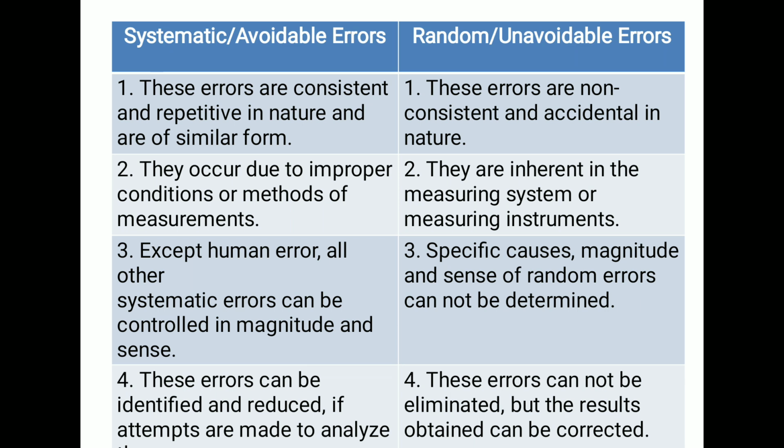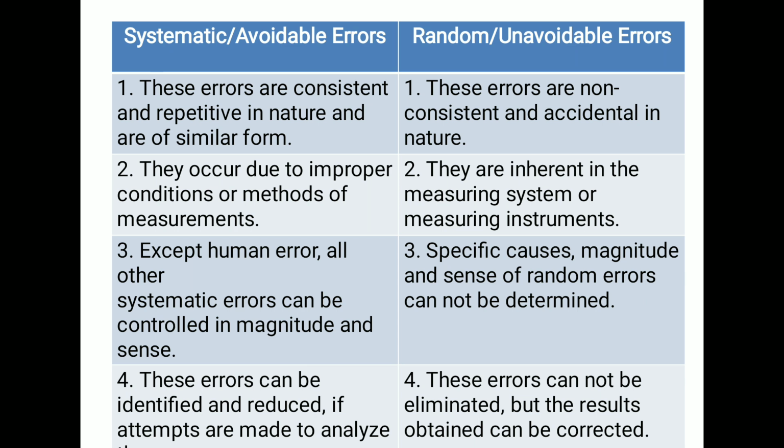Let us see what the differences are between systematic or avoidable errors and random or unavoidable errors. Systematic errors, or controllable errors, are also called avoidable errors, whereas random errors are also called unavoidable errors.